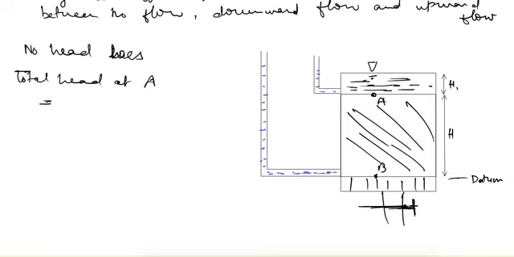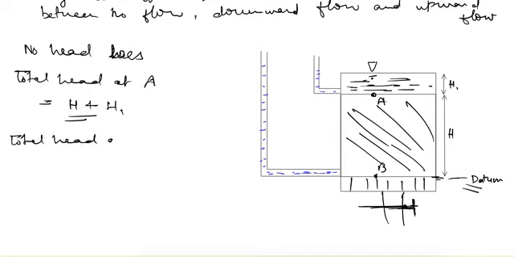Sum of datum head plus pressure head. So datum is again this point B, the level of B is taken as datum. So datum head at A is H, and pressure head is the height of water above this point, that is H1. So total head at A is H plus H1.